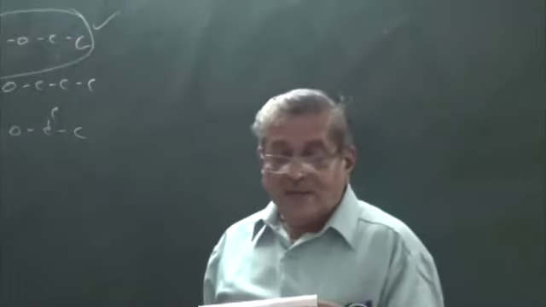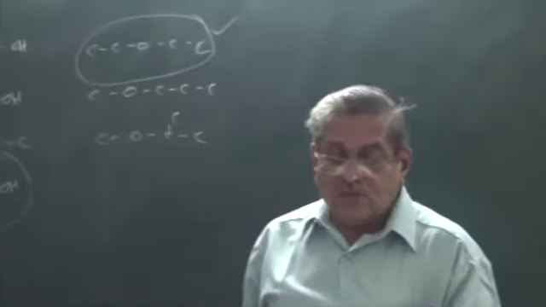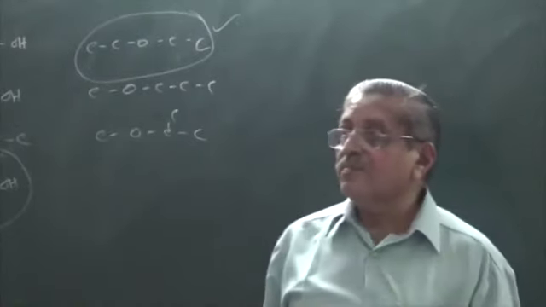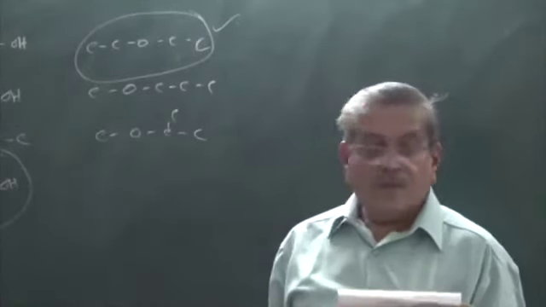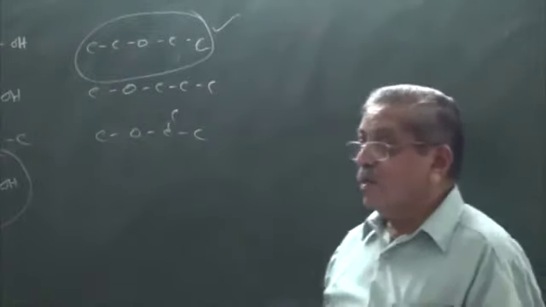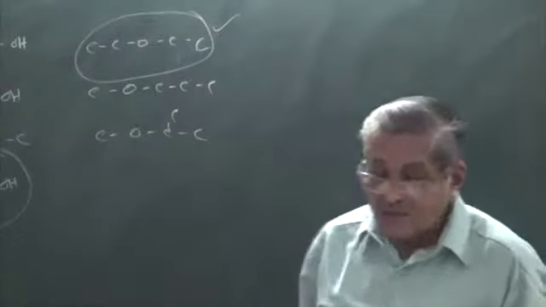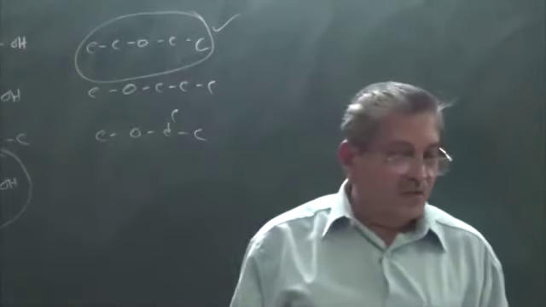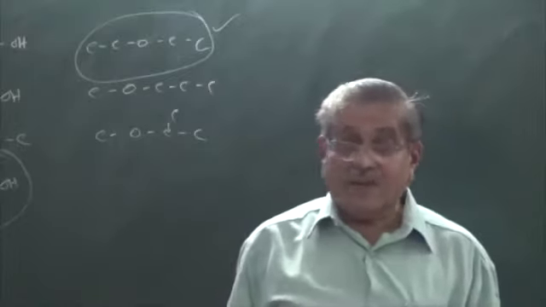Fifth one. An alkane forms monosubstituted isomers when the number of carbon atoms is at least. Answer? Give the answer. 3. Answer 3 is the correct one.